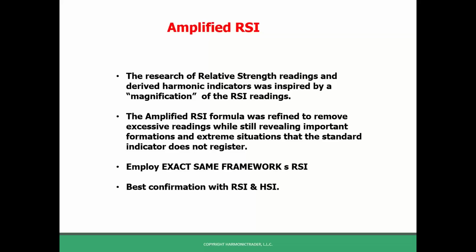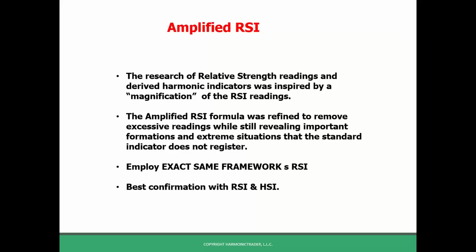We've talked a lot today about the different indicator formations, your complex reading, your W versus your impulsive, your V formation. That's not always showing up in RSI. And there's a lot of instances where RSI fails to give us that information that really can be helpful. This is where amplified comes in.